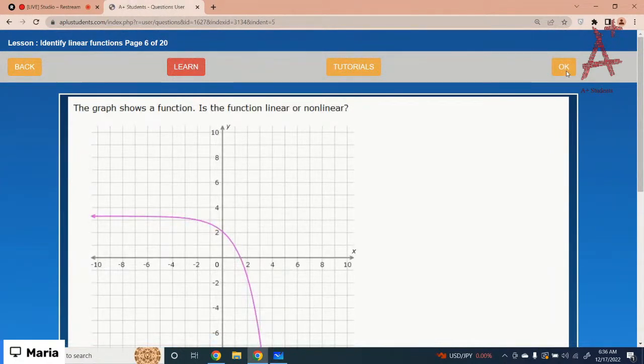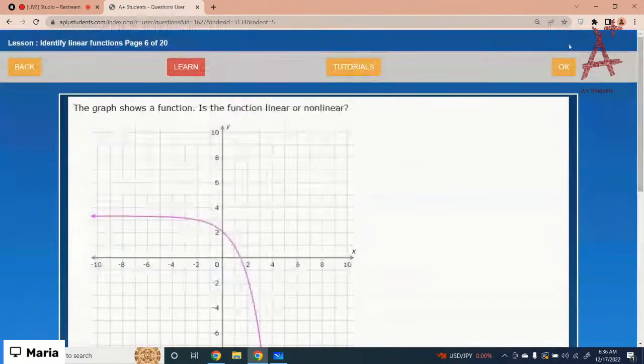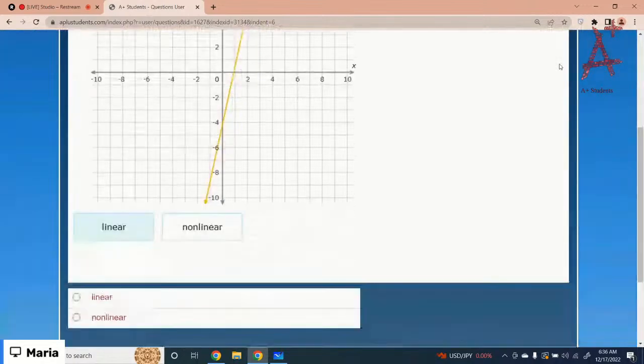Is the function linear or non-linear? It is non-linear. Got it? This graph shows a function. Is the function linear or non-linear? It is the linear function. Got it?